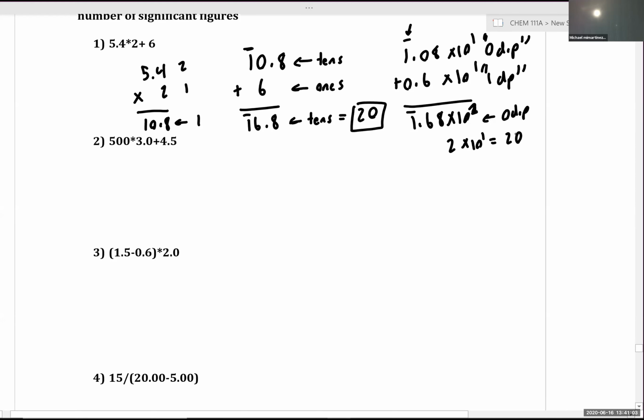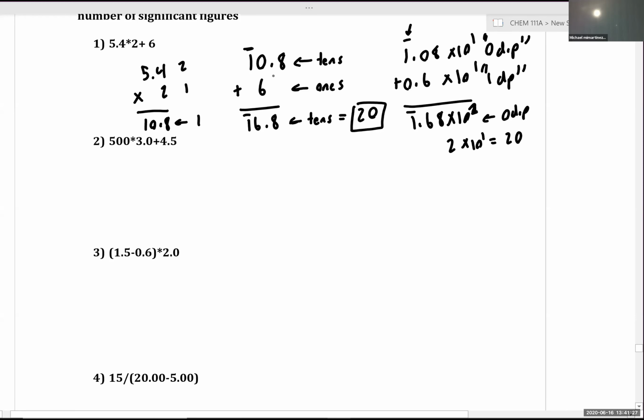Remember how when we focused on addition and subtraction, you retain the least number of decimal places, or you retain the number with the largest last reported digit. For example, the tens place is less precise than the ones place.